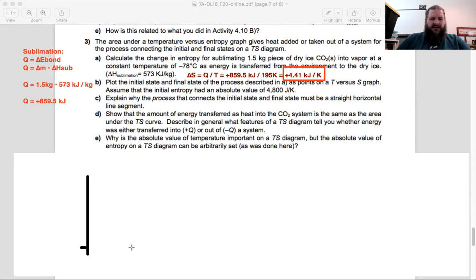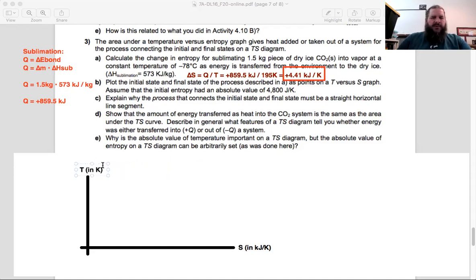So let's say we've got entropy and temperature. And typically the horizontal axis is going to be entropy in units of, let's say, kilojoules per Kelvin. And then the vertical axis would be temperature in Kelvin.